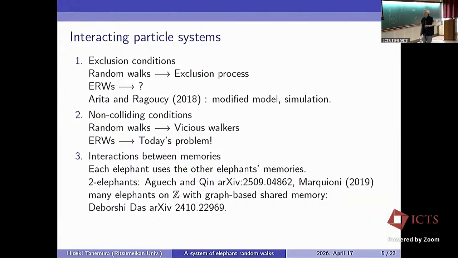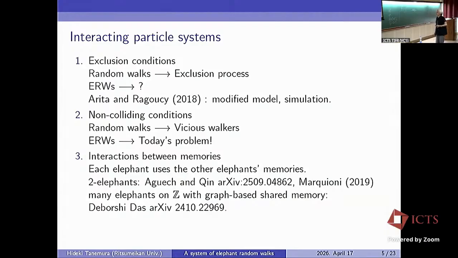They consider models where each particle has its own memory, of course. To determine the movement, they choose the memory of another particle, so there is interaction between them. In the two-elephant case, there are just two articles.